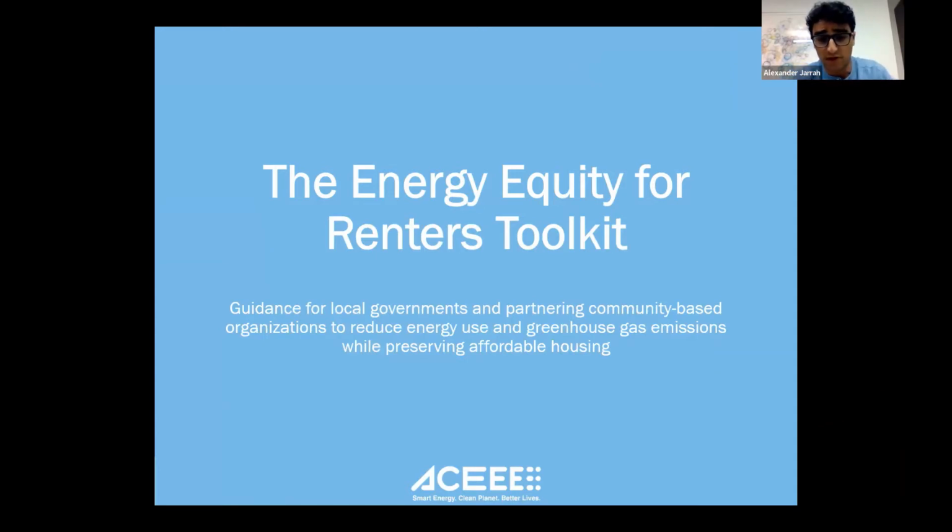We developed this toolkit alongside the local governments and CBOs participating in the Energy Equity for Renters initiative, including some folks at the city of Berkeley and Stop Waste. The toolkit is not yet published. We're going to release it tomorrow, so be sure to check it out. And we also translated the toolkit into Spanish and Vietnamese.